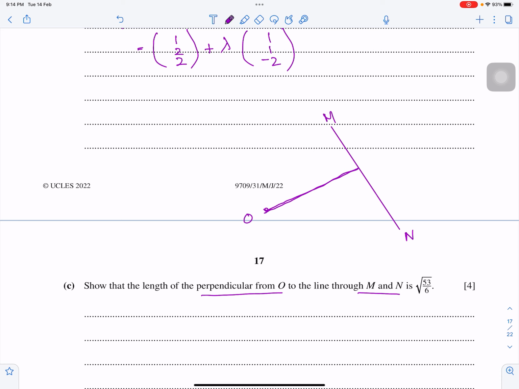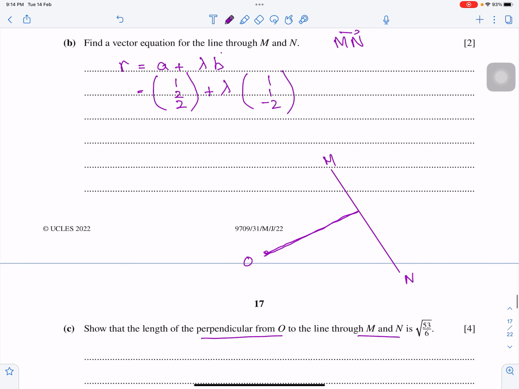The line MN I already have here, since the question was to find the equation of the line MN. Now you must know that the line going from O to MN is perpendicular, because when the question says find the shortest distance or perpendicular distance, it is understood to be perpendicular.